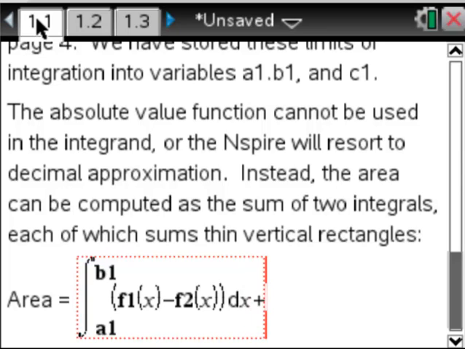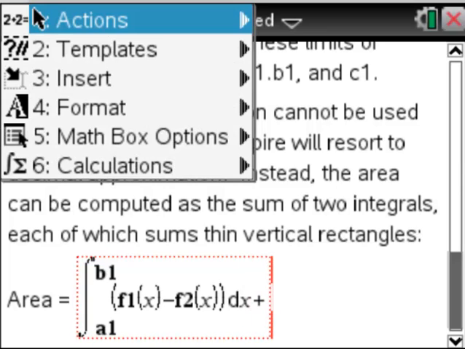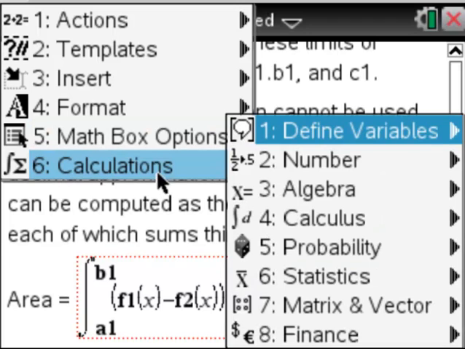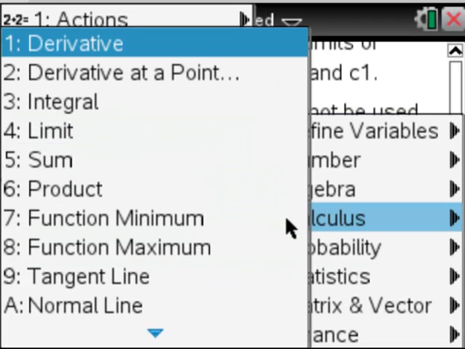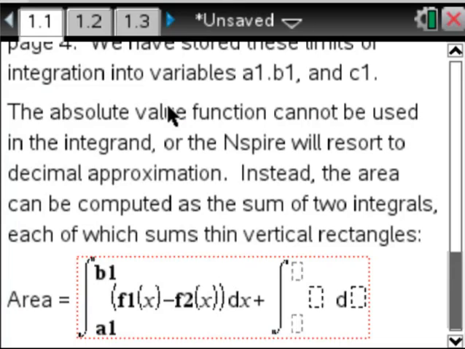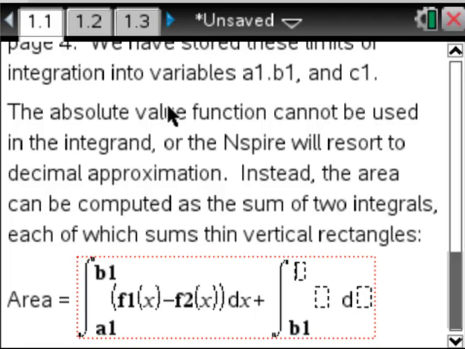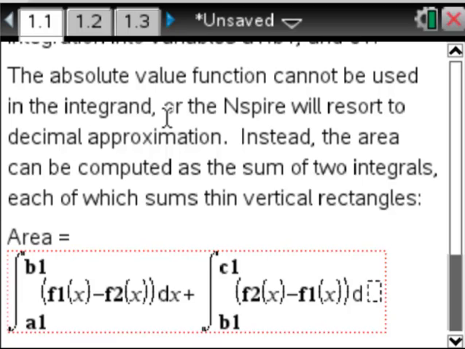Okay, plus, now this one goes from B1, tab, to C1, tab. Now these inverted rectangles have a length of f2 of x minus f1 of x dx.